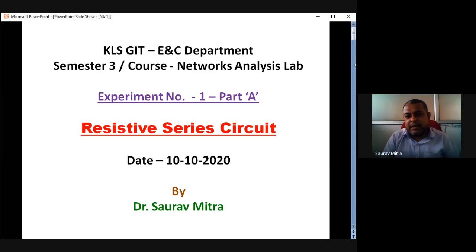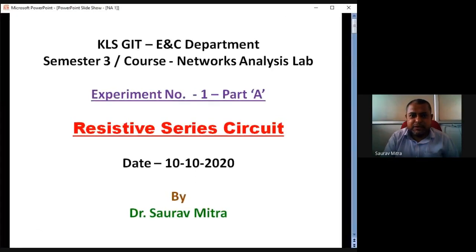I have just given you some instructions, what to do, what not to do in lab conduction of DC resistive circuit, because this being the primary circuit, I am telling you all those instructions. Not every day all those things will be told to you. That's why for this experiment I have made around 10 to 11 slides, and towards the end we will find what is the observation table that we have to fill up.